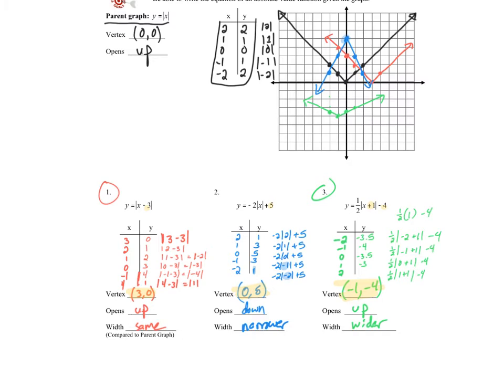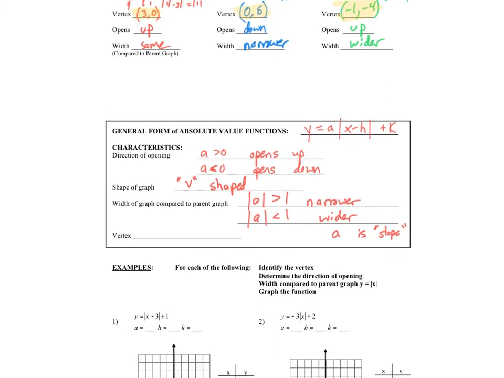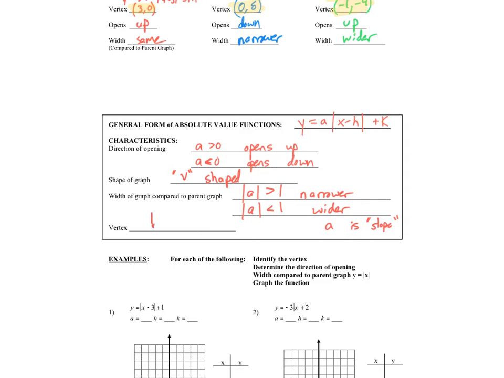So if the number in front is bigger than 1, it gets narrower. If it's a fraction, it's going to be wider. Okay, and the vertex is always at (h, k). Okay, and I'm just going to point out that h is opposite. Okay, and you'll see what I mean.